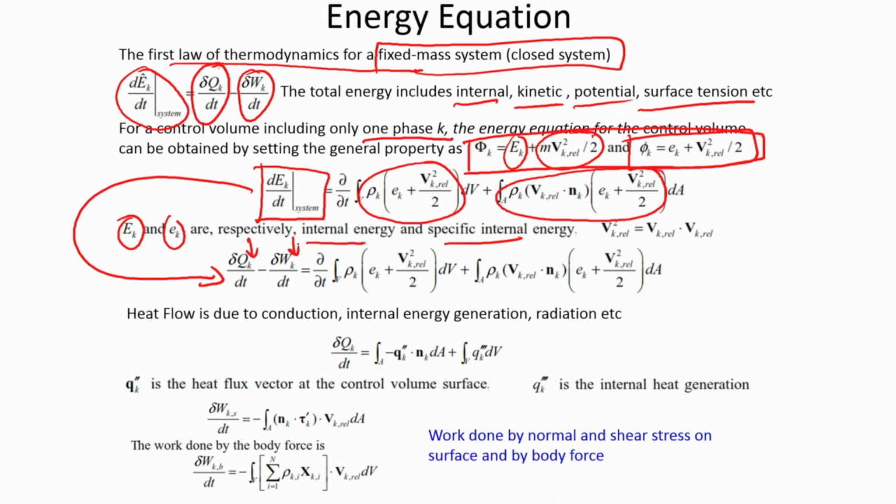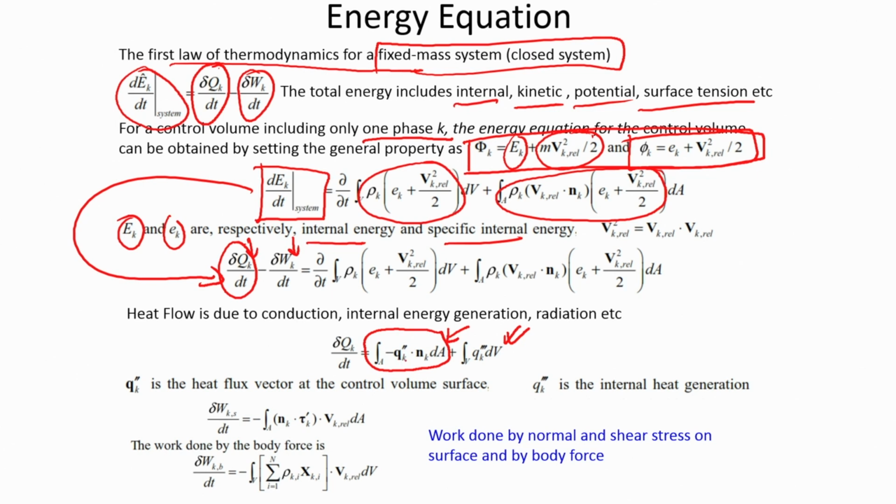Here we are proposing something a little bit interesting: this particular term, which is nothing but the heat transfer across the control surface, can happen in two ways. One is due to the internal energy generation inside the control volume, and the other one is the flux that is coming due to conduction.